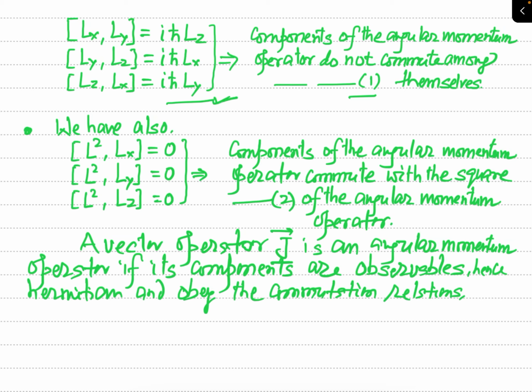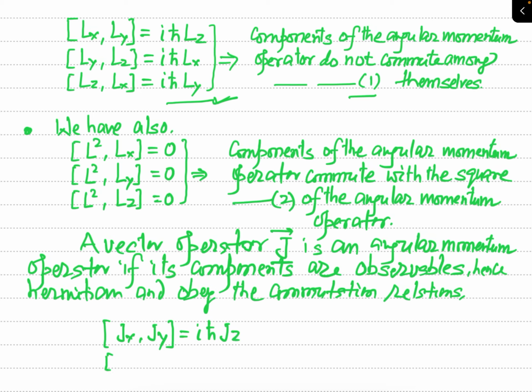It means the components of this J must obey the commutation relation which I am just mentioning here. It means that if Jx, Jy and Jz are the components of this vector operator J, then these Jx, Jy and Jz must obey these commutation relations. That is, the commutator of Jx and Jy must be equal to iħ Jz.